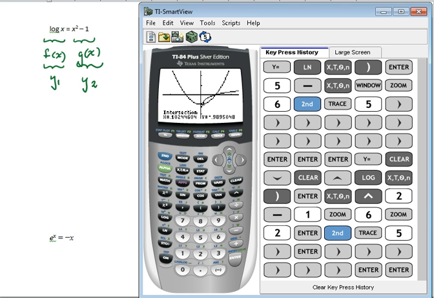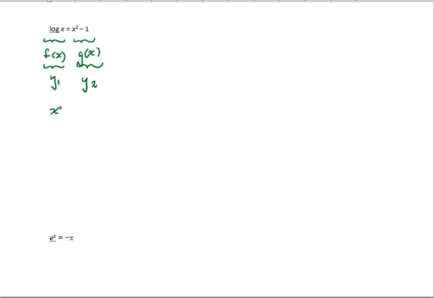At that point, both of the y values are very close to -1. The value given here is -0.99, rounded to 2 decimal places. So our x is approximately equal to 0.10.